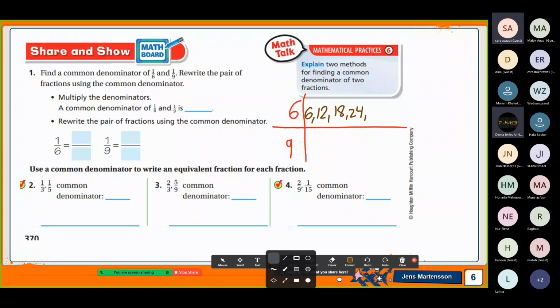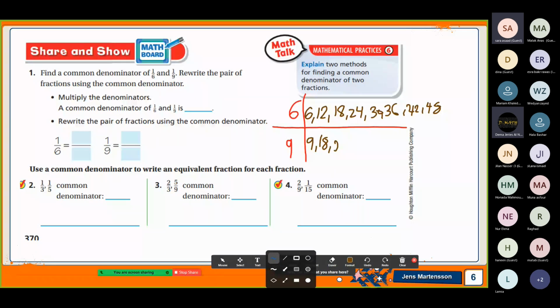30, 36, 42, and 48. Bravo. Now 9. 9, 18, 27.